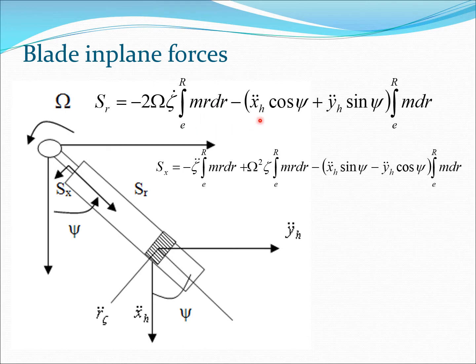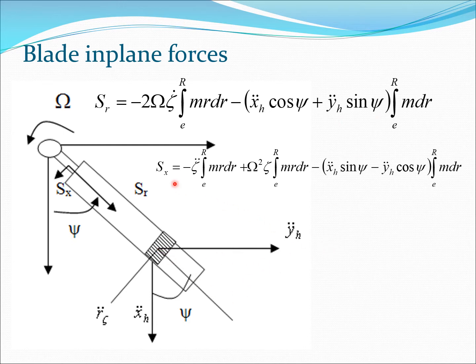But there are also going to be components because xh double dot and yh double dot have components in this direction. For example, xh double dot times cos psi would be the component in this direction, which gives us this component here, negative xh double dot cos psi. Then yh double dot is going to have a component in this direction, and that's yh double dot sin psi.